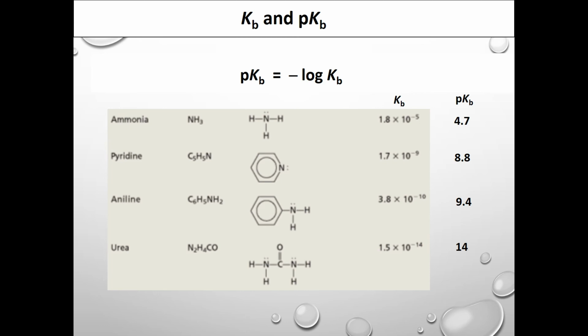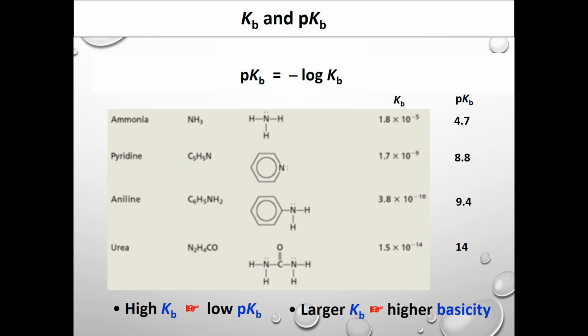It is seen that the base with the highest Kb value has the lowest pKb value. For example, from the table it is seen that ammonia has the highest Kb value and the lowest pKb value.